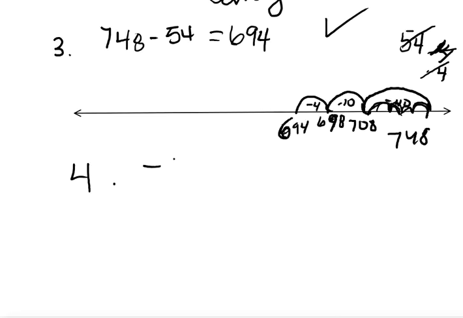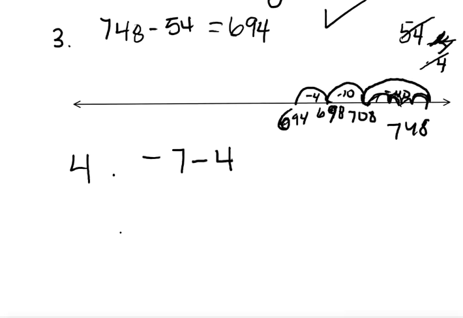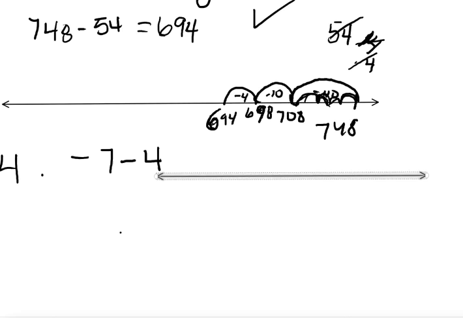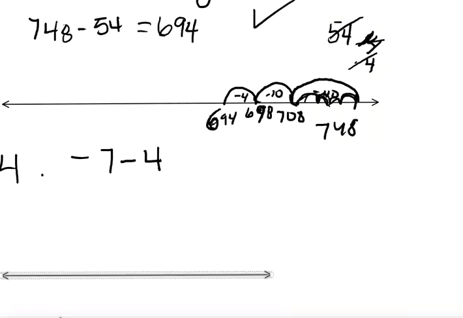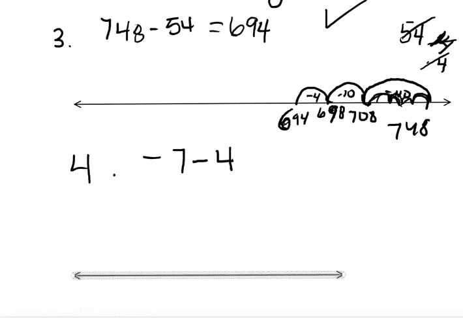Number 4 is -7 take away +4. So we start by putting in our number line. I don't know why it likes to go over there, but it just likes to be a little bit difficult. There's our number line. And we're starting with -7.